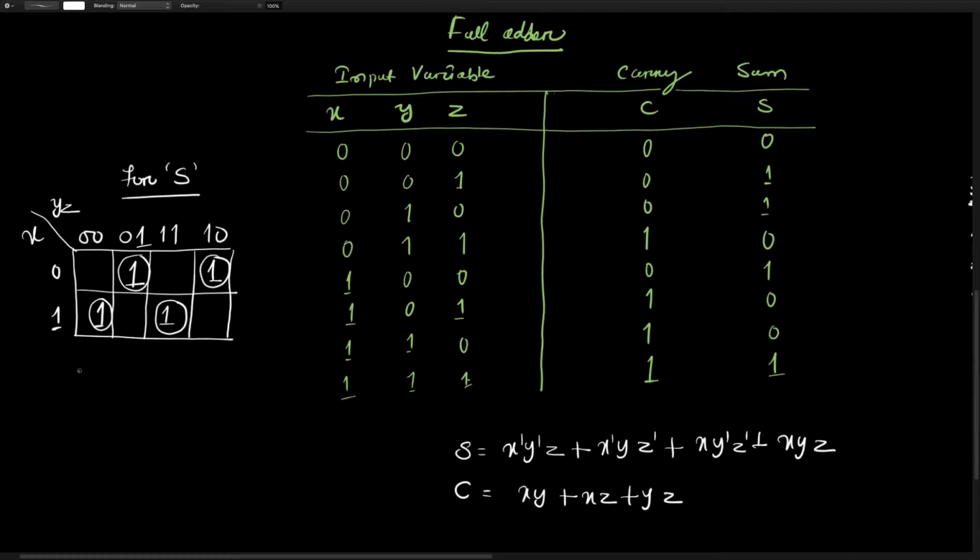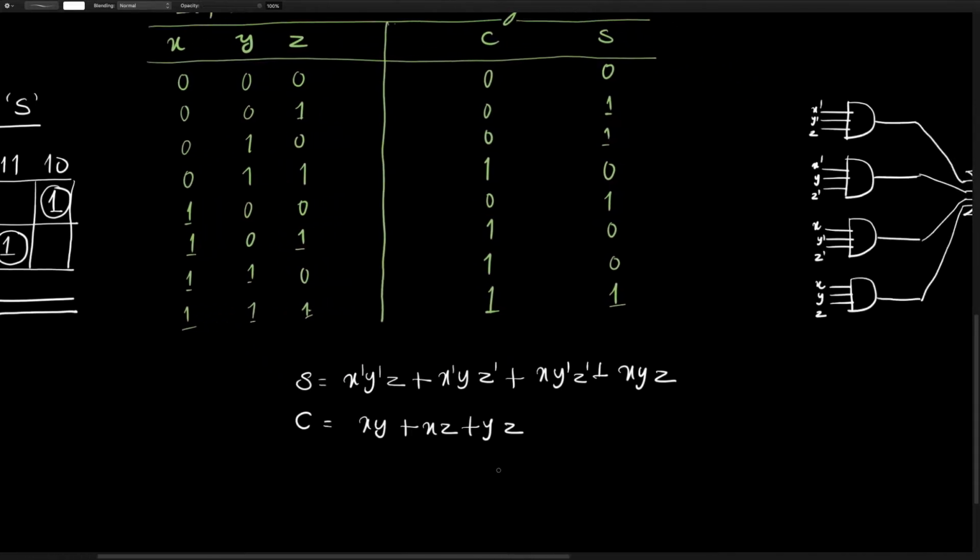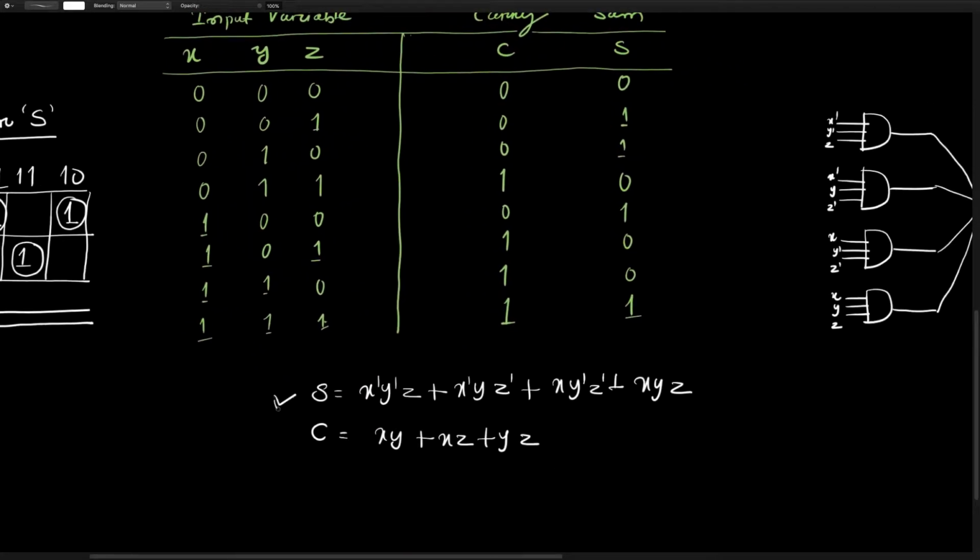You can work this out using the K-map. I have done the K-map for the summation. There is no grouping possible; there are 4 individual minterms, so the summation expression goes like this. You can follow the same procedure for C, and there you will find some grouping and the expression is something like this.